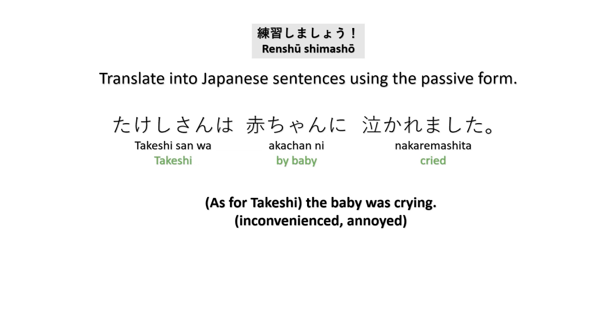So the baby was crying and Takeshi was annoyed. That's the natural translation. He was annoyed by the baby who was crying. So this is in the past tense. Nakaremashita. Nakareru comes from naku, to cry.